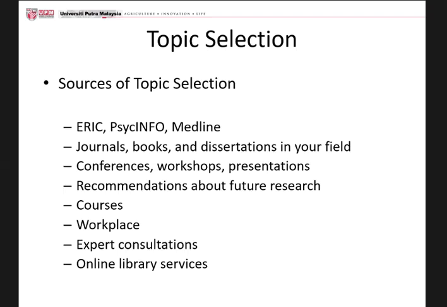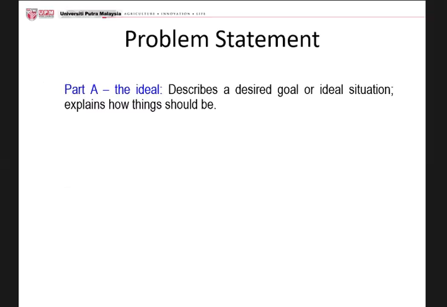There is one way to write problem statements. First of all, you write the first bit, which is the ideal case. The ideal describes a desired goal or ideal situation, and explains how things should be.